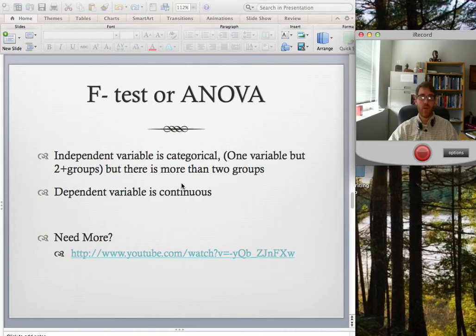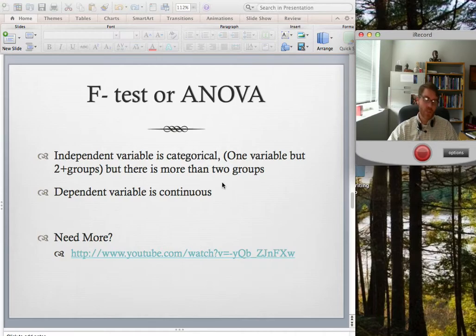So we have three groups or three variables. They're all the same variable, but they're three different groups within that variable that we want to compare using a continuous dependent variable. So let's take the example of we have one math program that we're teaching. We have three teachers that are teaching it, and we want to compare whether there's a significant difference between these three teachers and how they're teaching this math program.